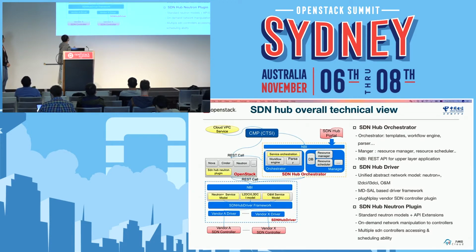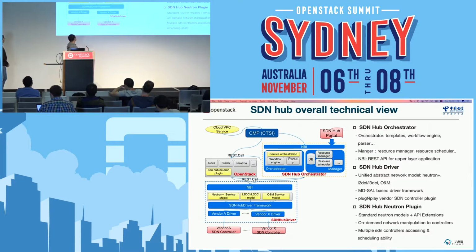And we will have the OpenStack layer. Here we will have the SDN Hub plugin. The SDN Hub plugin will receive the demands from the SDN Hub orchestrator and then deliver the commands to the bottom layer, the SDN Hub driver. At the top of the SDN Hub driver, we will have the modeling layer.